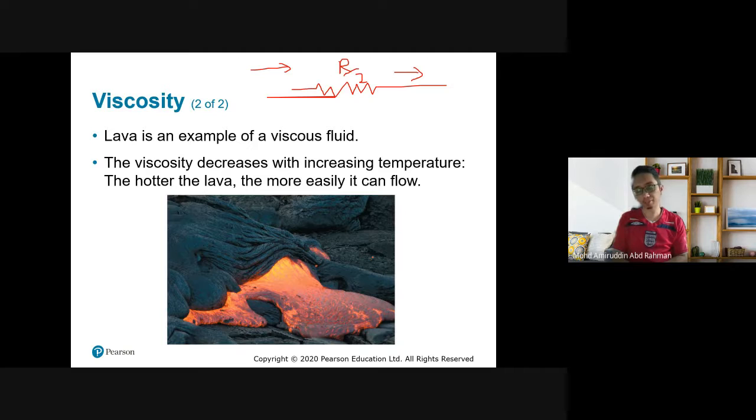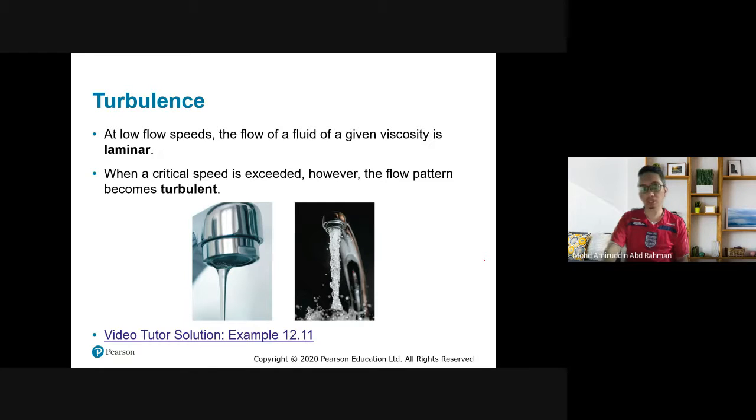But after that, the lava is going to be flowing much slower when it reaches outside of the mountain, because the temperature has already decreased outside of the volcano. So that's the viscosity.